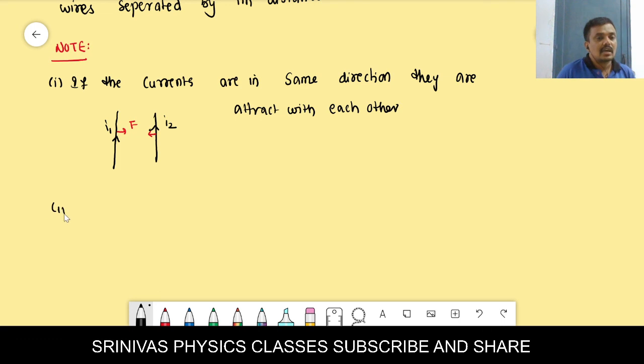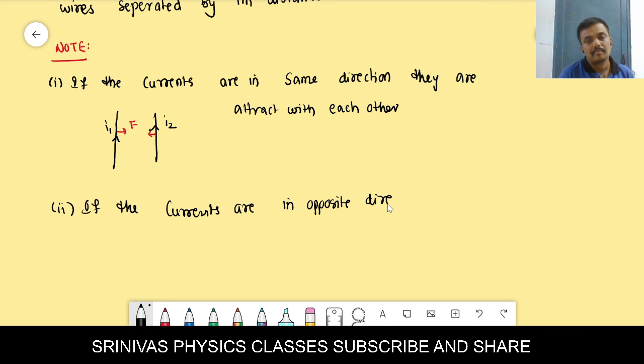If the currents are in opposite direction, they repel each other.